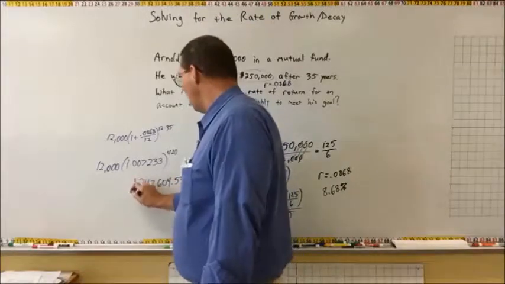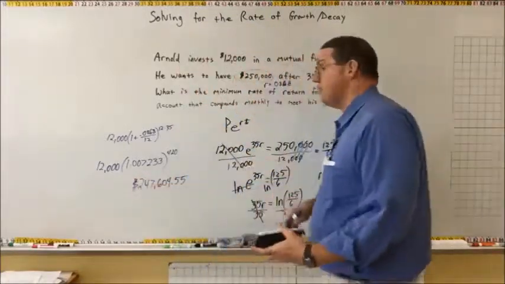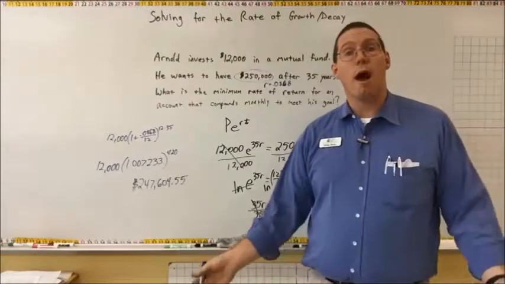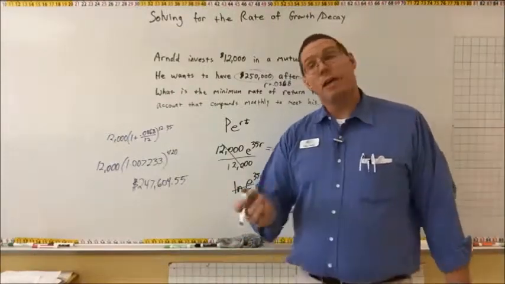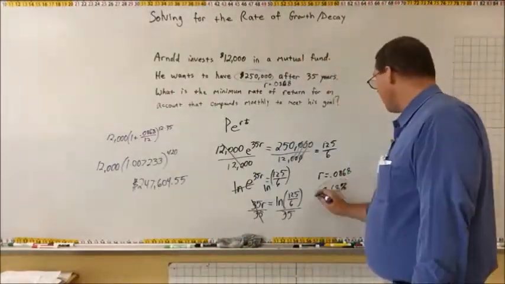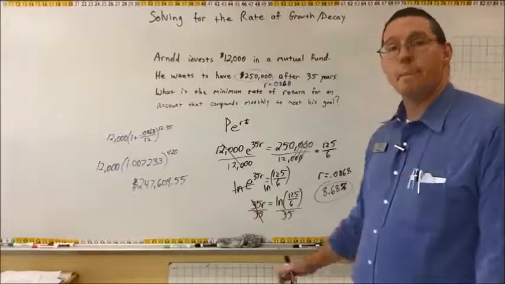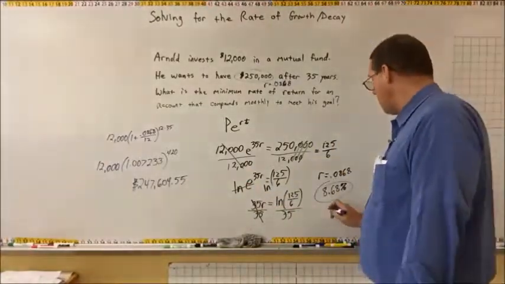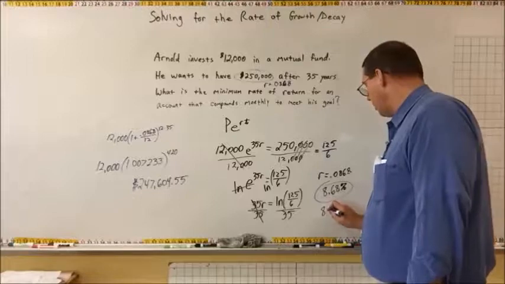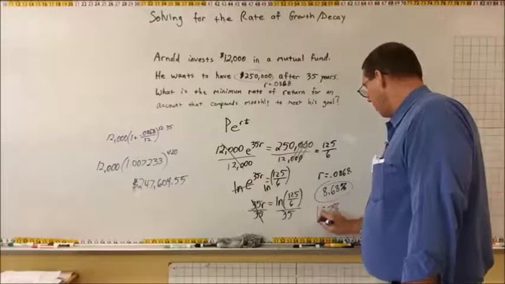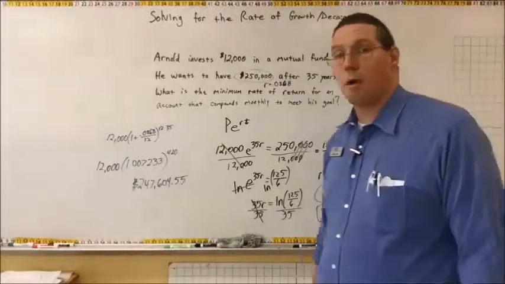Now that's a little low. I know that that's less than $250,000, but remember, we approximated. So if you wanted to, instead of saying 8.68%, you can round up and maybe it would be 8.7%. And that's up to you. All we're doing is approximating here.